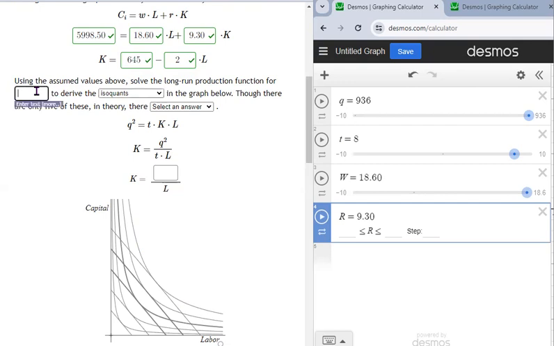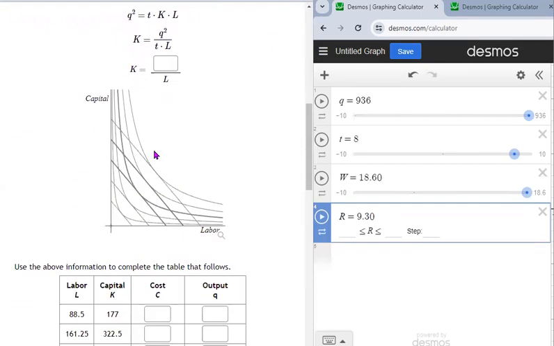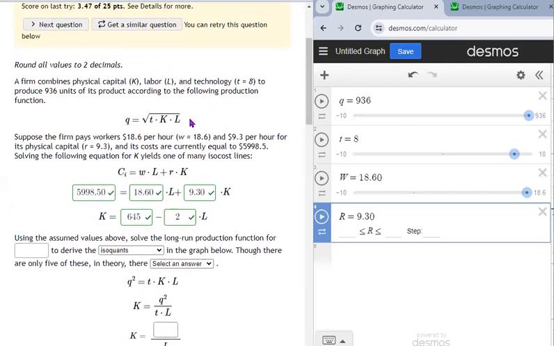We're going to solve this production function for the isoquant that corresponds to 936 units of product, right?